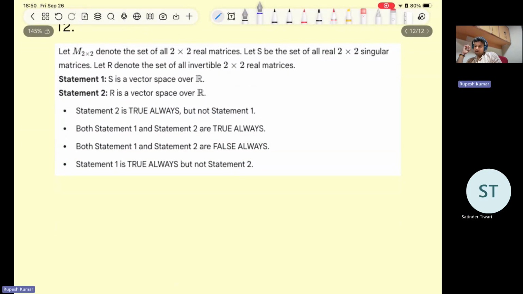Okay. So let M2 cross 2 denote the set of all 2 cross 2 real matrices. Let S be the set of all real 2 cross 2 singular matrices. Let R denote the set of all invertible 2 cross 2 matrices.